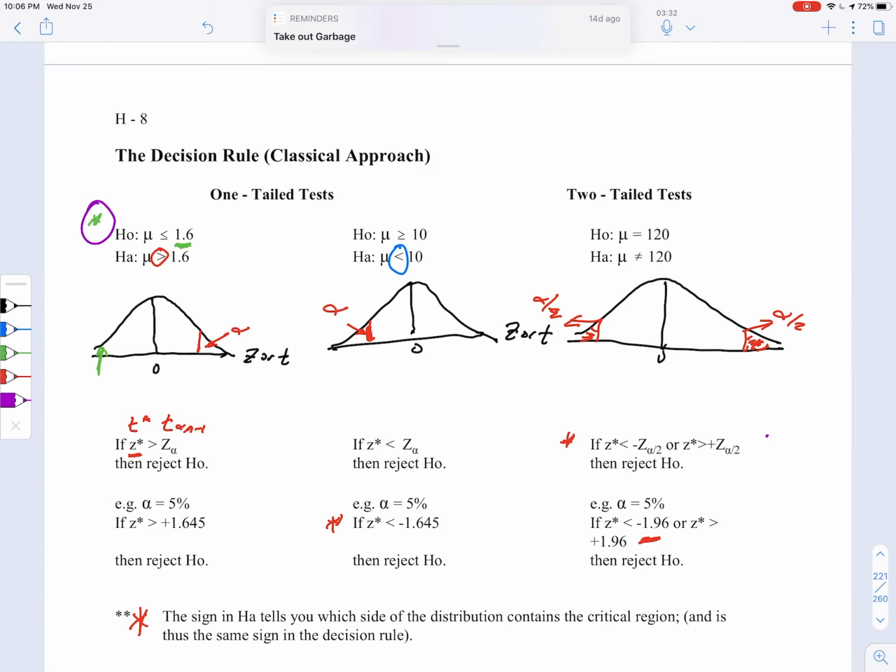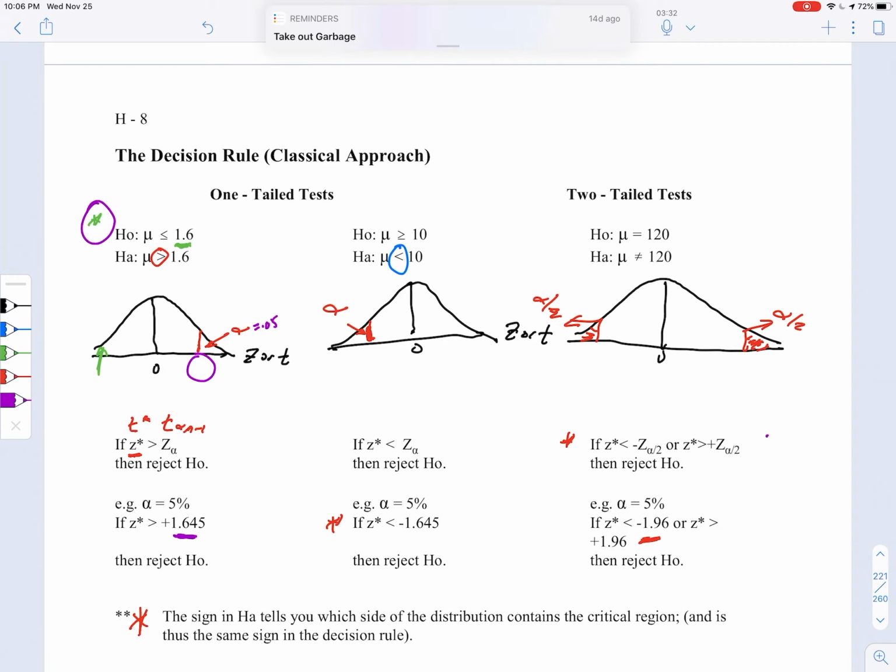We said that we've got this thing called the classical approach, and here's the problem, the cigarette example: mu is less than or equal to 1.6 against the alternative that mu is greater than 1.6. In the classical approach, we find a critical value, in this case 1.645, associated with an alpha, and we assumed an alpha of 5%.